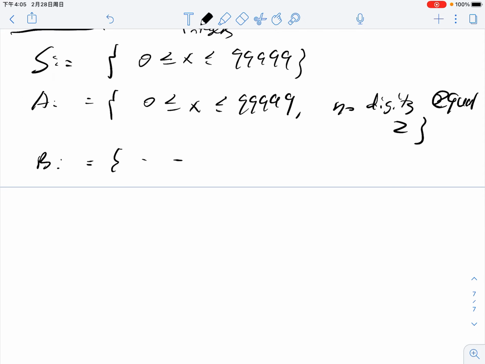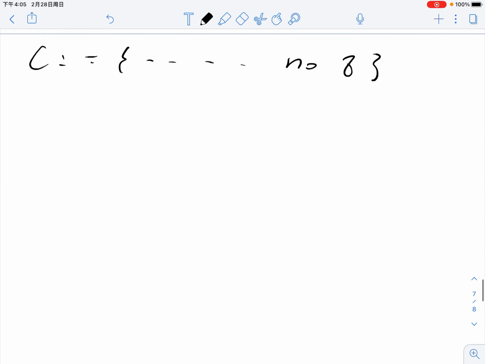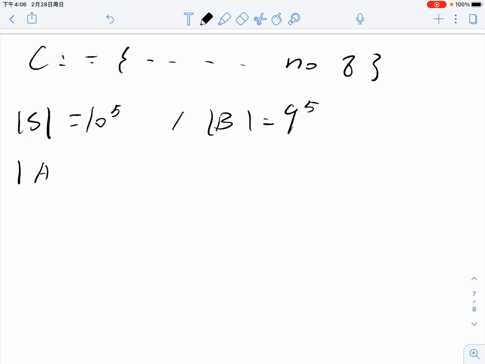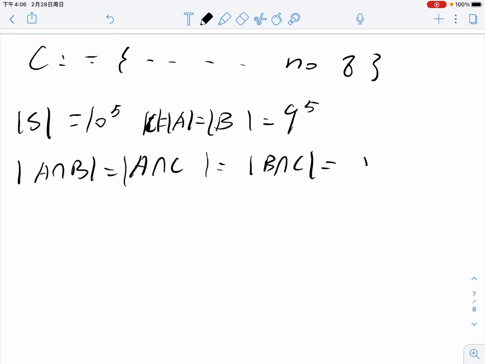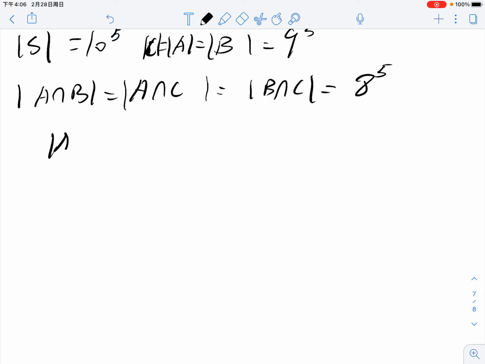B is no 5. C is no 8. And then it's easy to see that the cardinality of S is 10 to the 5. Cardinality A equals cardinality B equals cardinality C equals 9 to the 5. And the two intersection equals 8 to the 5. And triple intersection equals 7 to the 5.